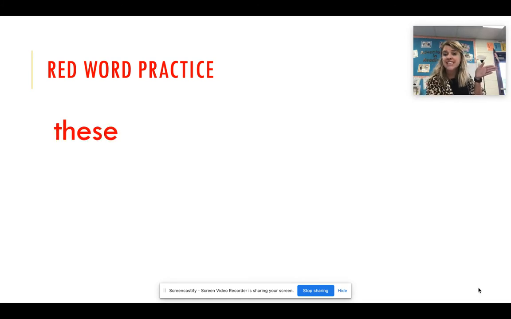Our first word is these. Here we go. We're going to spell it 3 times together. Remember, we're writing it on our hands. It's okay if you look at the words on the screen because that's what I'm doing. We want to make sure we're spelling them correctly. So here we go. Ready? These. T-H-E-S-E.